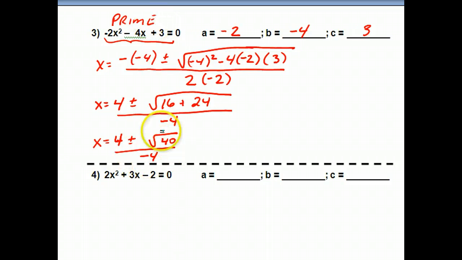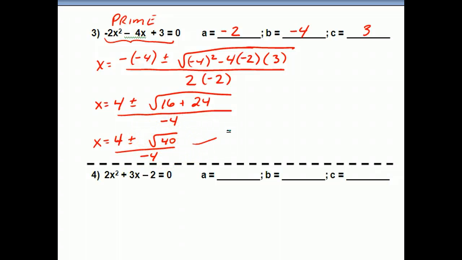All right, so here I can actually get my two solutions with an x. All we're really left to do here is to clean this up so that it looks a little prettier. We're going to start cleaning it up with this square root of 40.